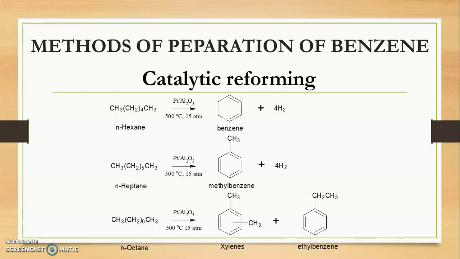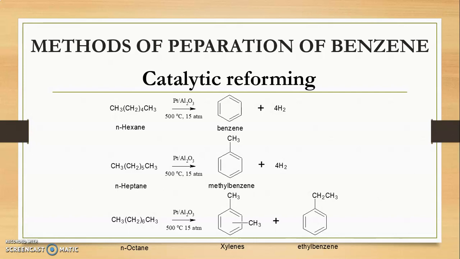Then it is blended with hydrogen in the presence of different catalysts like platinum and rhenium chloride at 500 to 525 degrees Celsius and 8 to 50 atmospheric pressure.